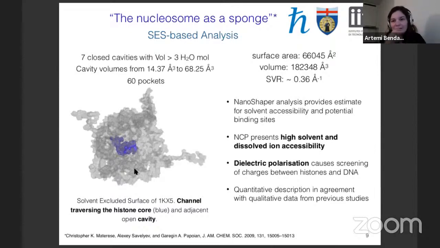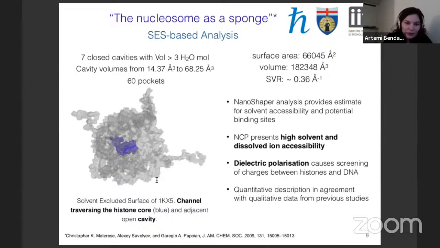We looked at its surface area to volume ratio, the number of cavities, the number of pockets it has, and we saw that it presents high solvent and dissolved ion accessibility. And this, of course, would enhance screening of the charges between the histones and the DNA. And we performed a quantitative description that we found to be in agreement with qualitative data from previous studies.